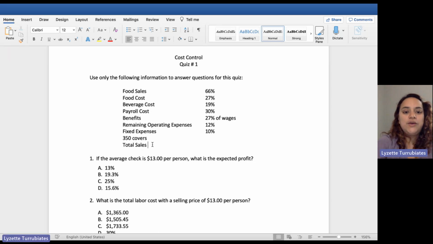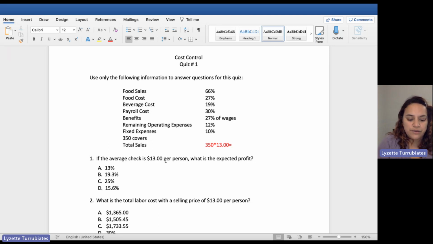So we would take 350 covers times, and here the first question is giving us what our average check is. So this is the price per person, what people are paying, times $13, right? So that's going to give us our total sales.